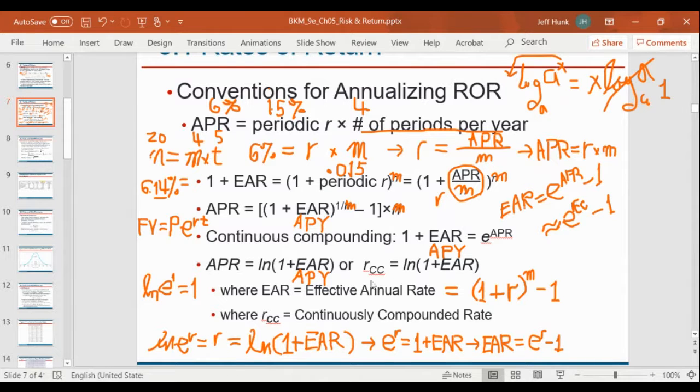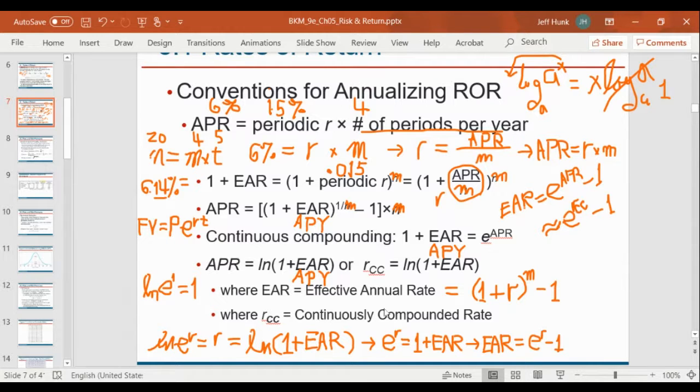Okay, so that is basically the continuously compounded return.